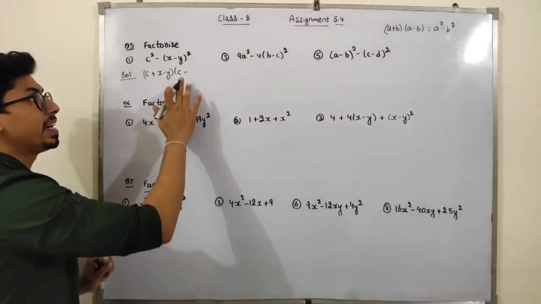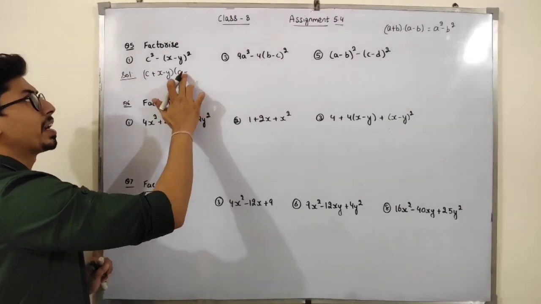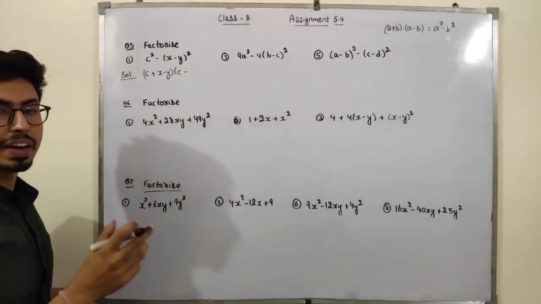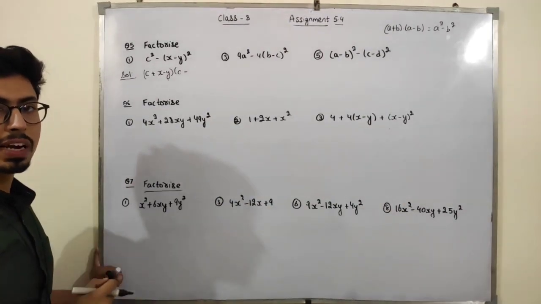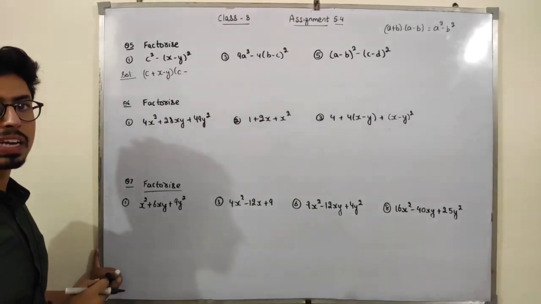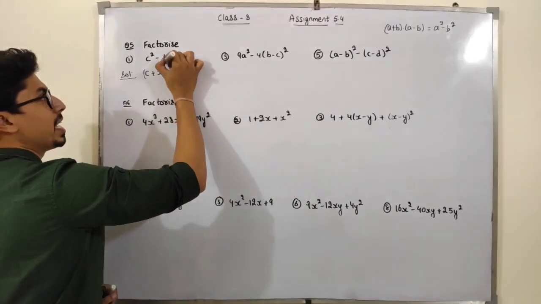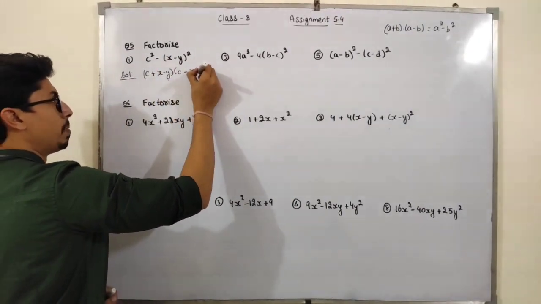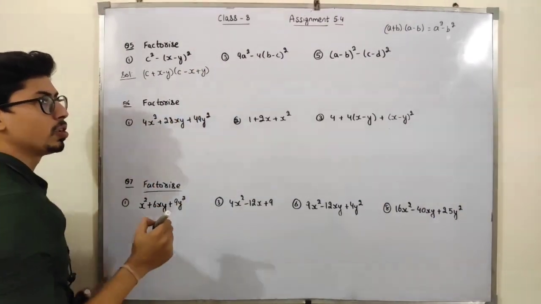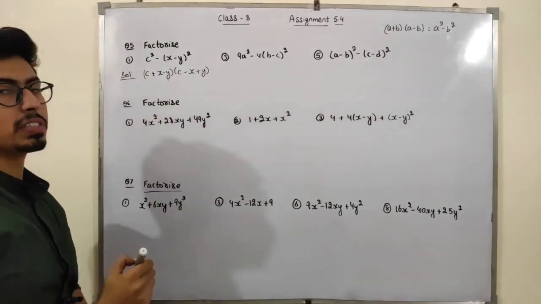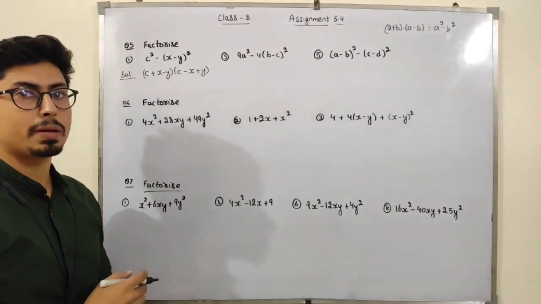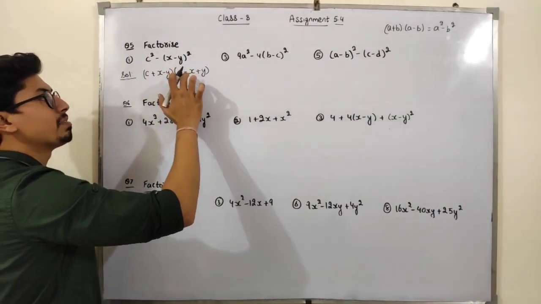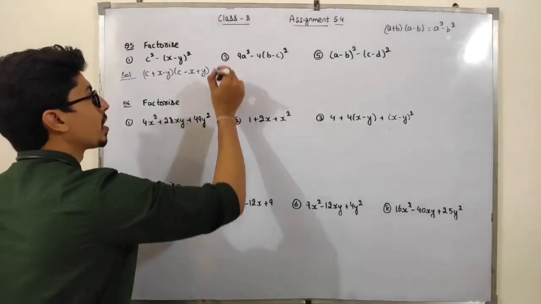See, students, I am writing negative. After the negative, if I write something, the sign of that number will get changed because of the negative sign. So see, x is positive, so it will become negative. This is negative, so it will become positive, because we have a negative sign before this number. So this negative sign will change the signs.